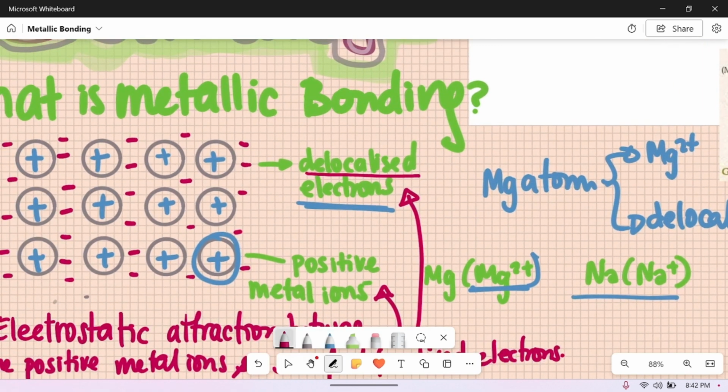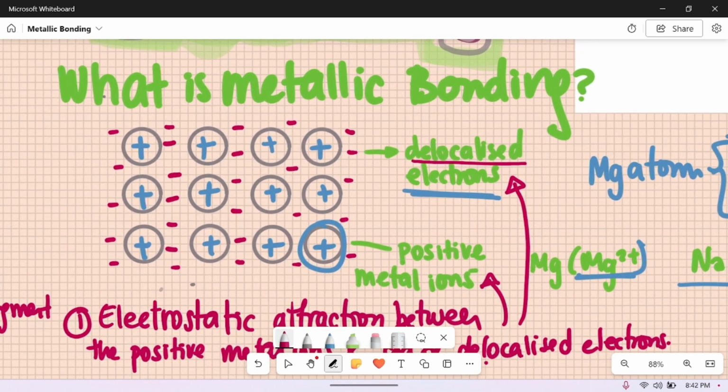Okay. Not only are the electrons delocalized, if you can look at them, there are a lot of them, okay? So we call them a sea of delocalized electrons because there's a lot of it, all right?